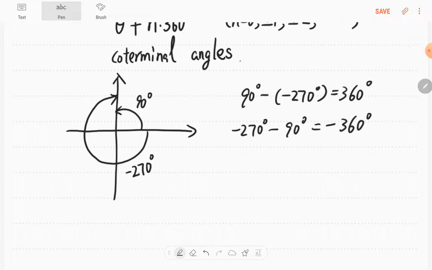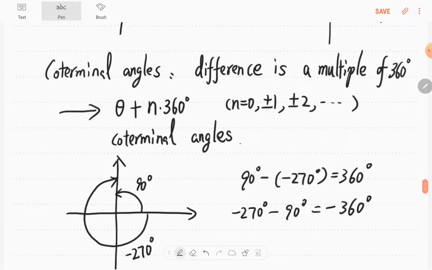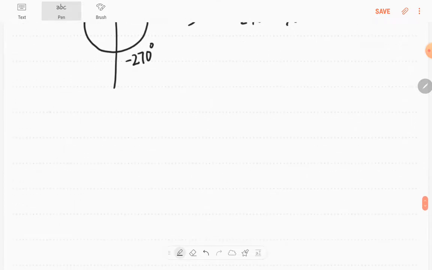So in other words, this formula tells you that if you have an angle, how to find the coterminal angles, you just add or subtract 1 revolution, 2 revolutions, 3 revolutions, or n revolutions, which is a multiple of 360 degrees to get the coterminal angles. Okay, so this will give you an idea.